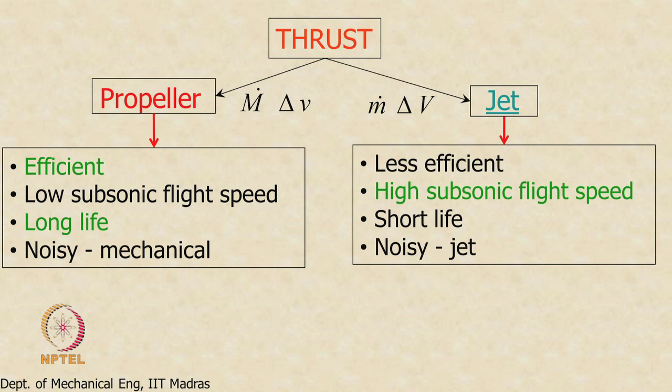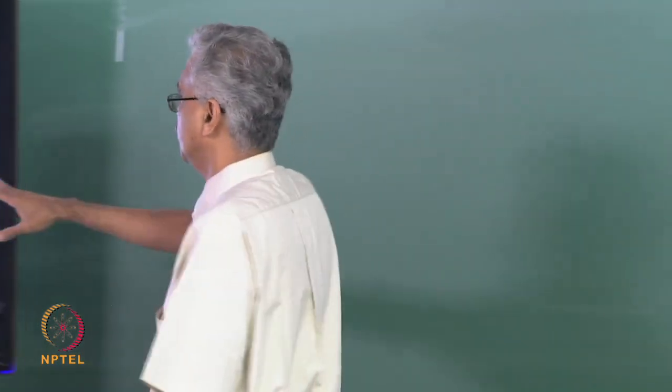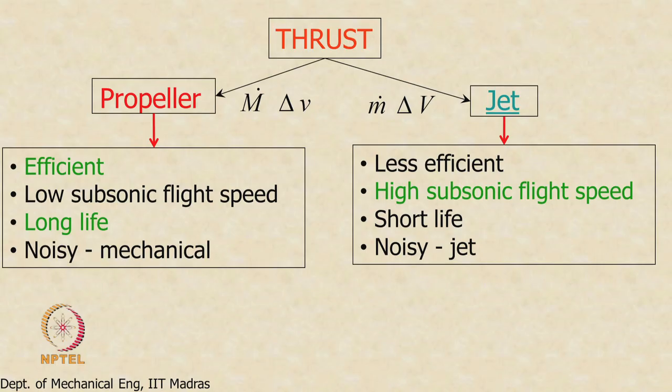Now, the less efficient part of this actually gave the impetus to develop more efficient engines, but with still these types of flight speeds. If you remember, the low subsonic flight speed was what caused the industry to move to a different form of propulsion so that we can overcome that obstacle. In this case, the obstacle is the lesser efficiency.